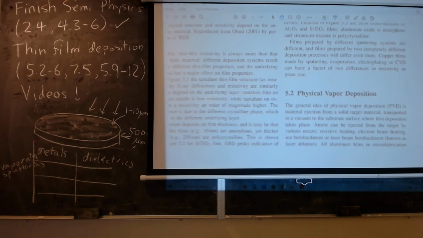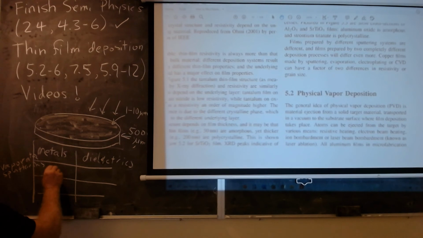But those are forms of physical vapor deposition. Physical vapor deposition means taking your material that you want to deposit, and somehow forming a vapor of it, which can either be by evaporating it or sputtering it. We'll try to show pictures in a little bit, so that the material forms a vapor. Now, of course, this is in a vacuum chamber typically. Metals tend to be done that way.